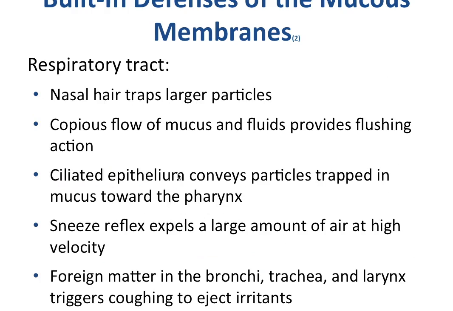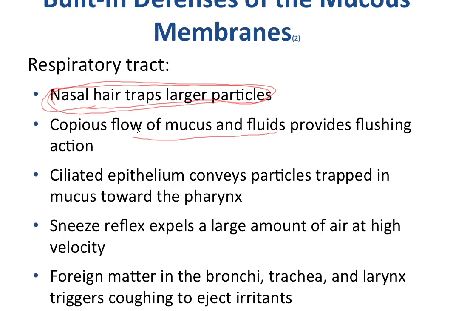For the respiratory tract, so the nasal tract, the epithelial cells in the nasal cavities actually have cilia. The nasal cavity has hair, so the hair can trap large particles. Also, the respiratory tract can secrete mucus fluid to flush all the pathogens.